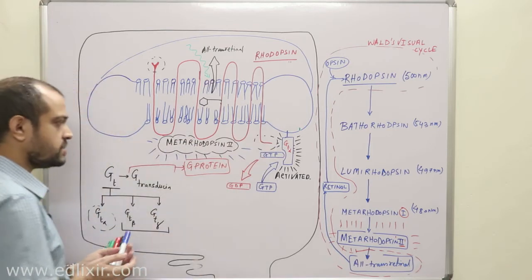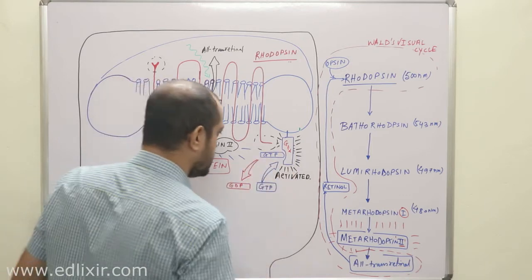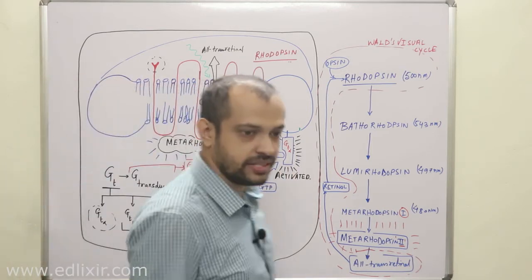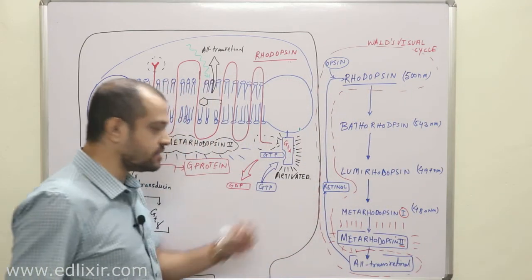Clear? Now what will happen is this GTP bound form of GT alpha, or transducin alpha, will activate a protein.